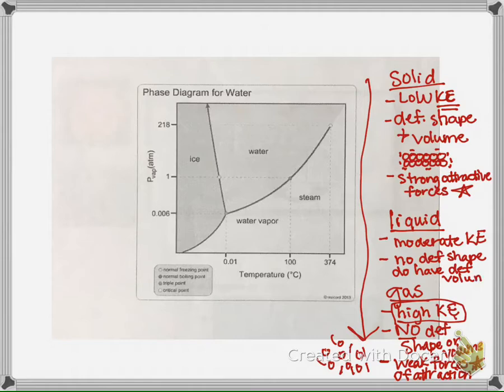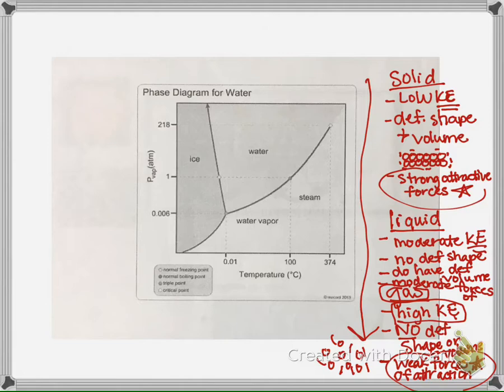And their attractive forces are somewhere in between. They're not weak, they're not strong. They do still exist with liquids, all right? So it has what we would say moderate forces of attraction between the particles. They just don't have enough kinetic energy yet to totally slide past or totally separate from each other like in a gas state, okay? So moderate forces of attraction.